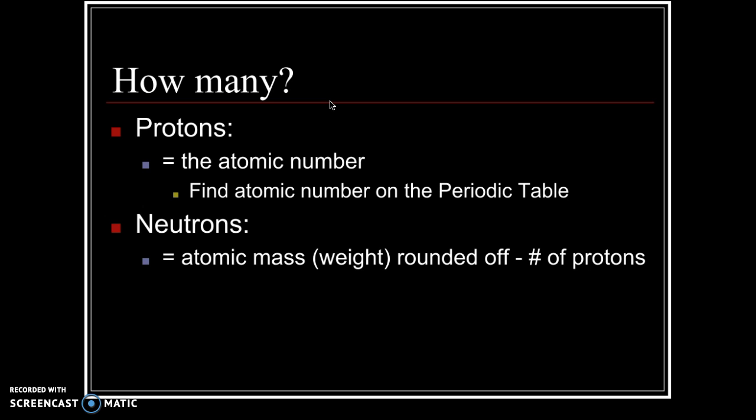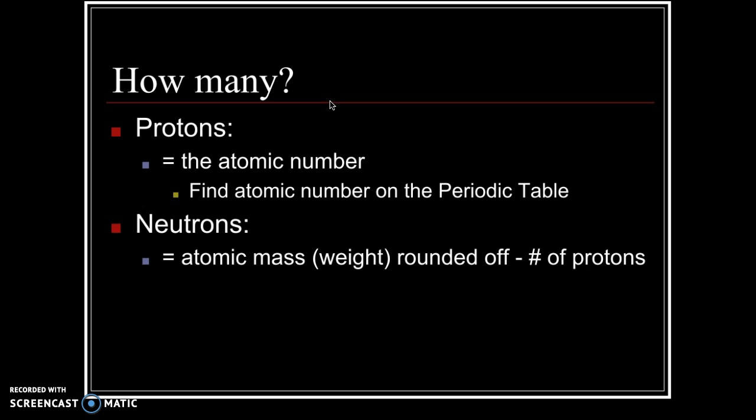But that average atomic mass, if we round it to the nearest whole number, which in carbon's case would be 12, now instead of referring to that as the average atomic mass, we will refer to that rounded off number as the mass number. So carbon has an average atomic mass of 12.01, and if we round it, we find that its mass number is 12.